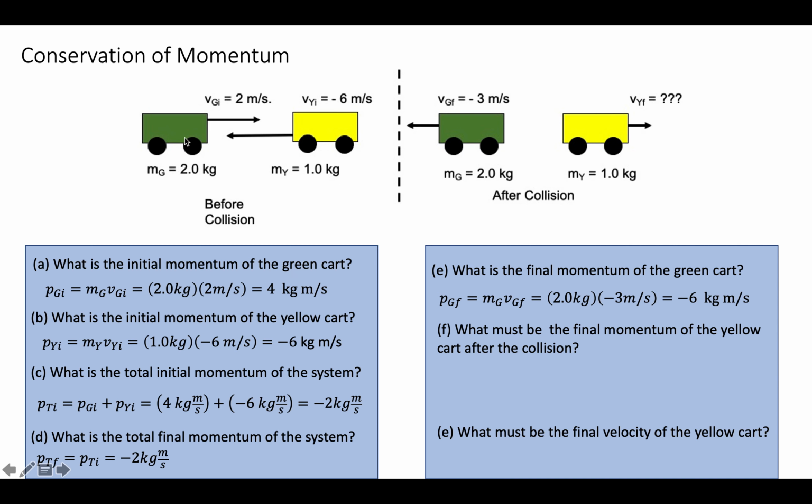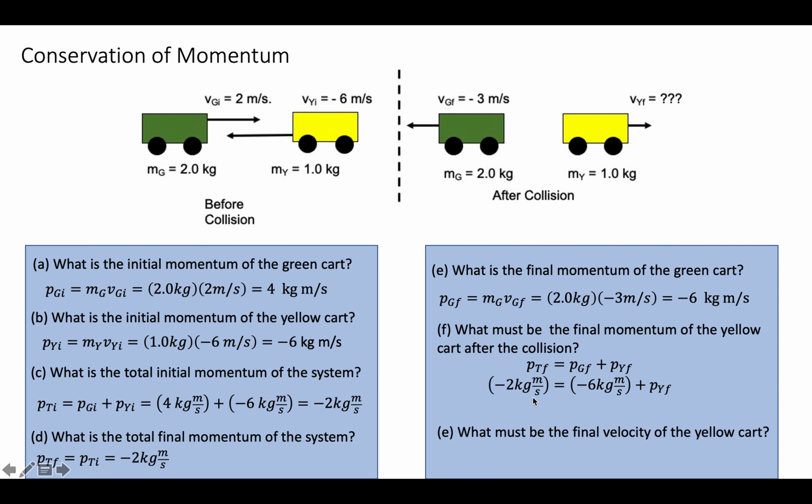So we know the momentum of the green cart initial, the yellow cart initial, and the green cart final. We can use the fact that momentum is conserved and we can solve for the final momentum of the yellow cart. So we know the total final momentum, which has to be equal to the initial, is -2. We know the final momentum of the green cart, we just found that, and we know that if we add that to the yellow, it has to equal the total final momentum.